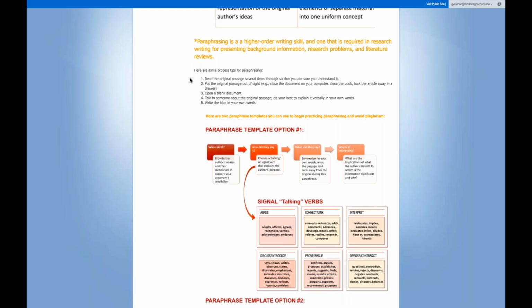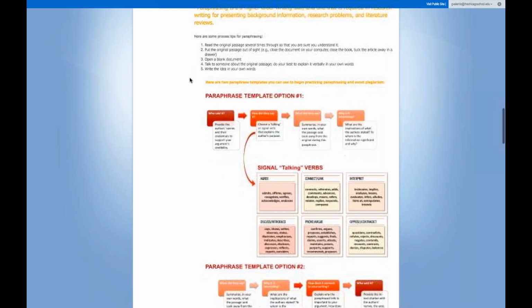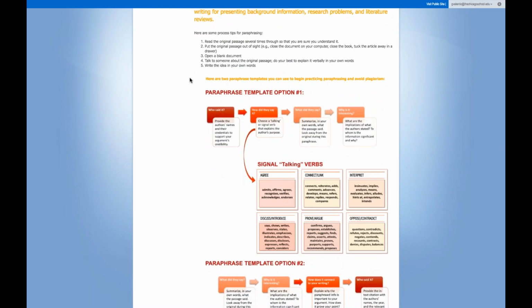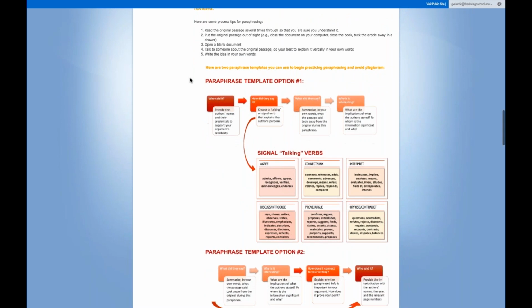So here are some paraphrase templates you can use to begin practicing paraphrasing and avoiding plagiarism. In the putting away of the document, you can then look at these questions and answer them to help you create sentences. So for example, in paraphrase template option 1, we can answer questions such as who said it, provide the author's names and their credentials to support your argument's credibility.